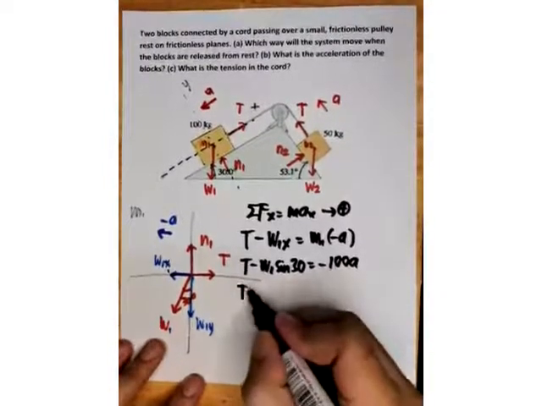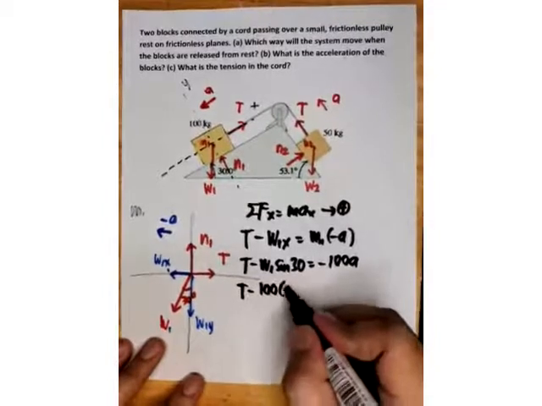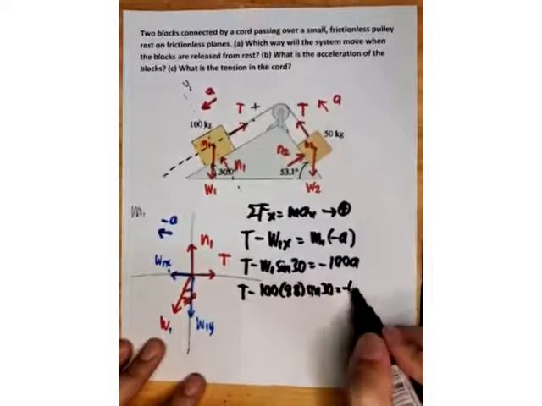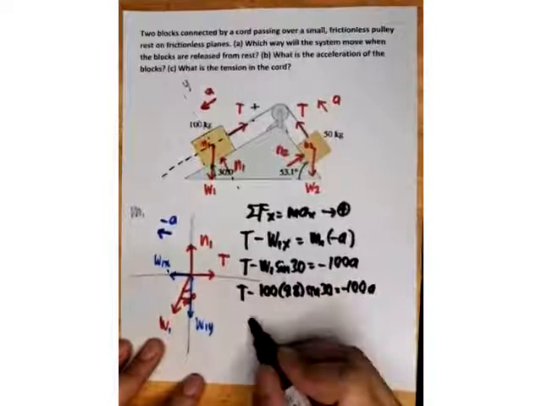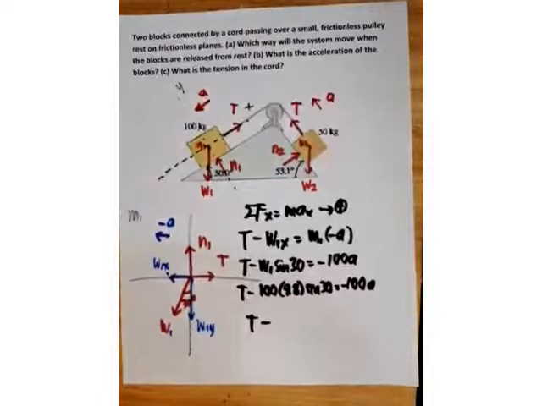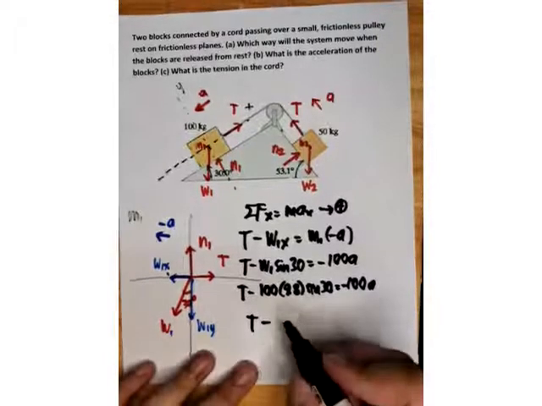So tension minus 100 times 9.8 times sine 30 is equal to negative 100 A. So tension minus 490.